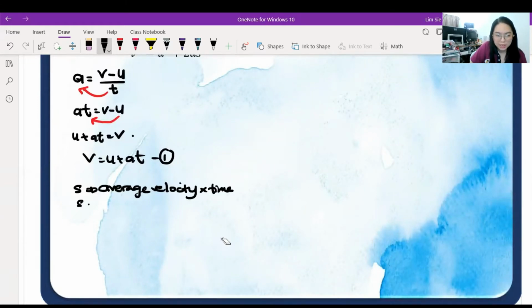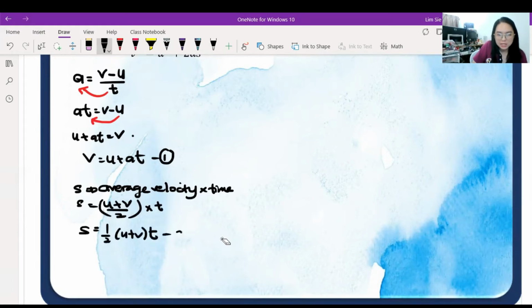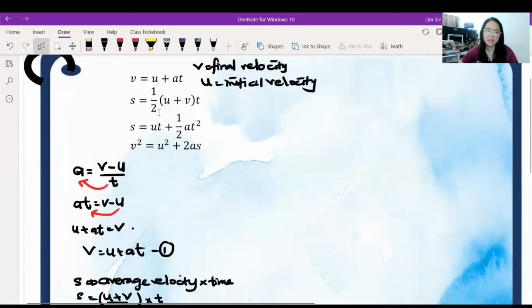So you have S equals U plus V over 2 multiplied with time. Then I rearrange it, I get 1 over 2 (U plus V) times time. This is how I get my second linear motion equation. See, they are the same: S equals 1 over 2 (U plus V) multiplied with T.